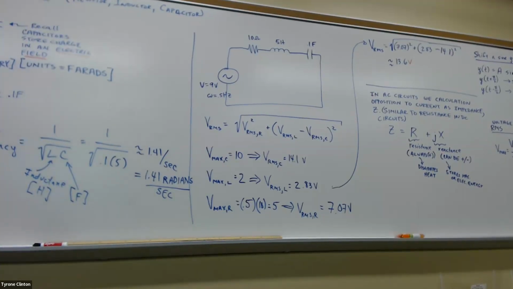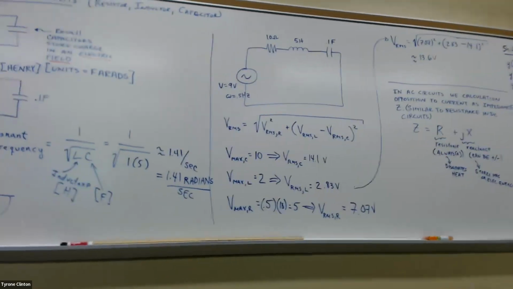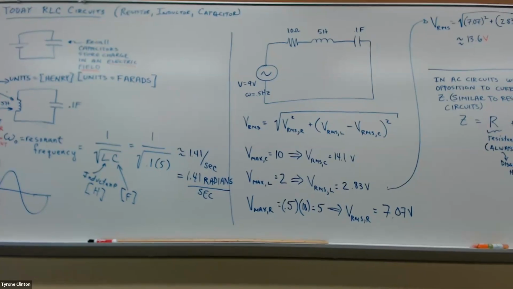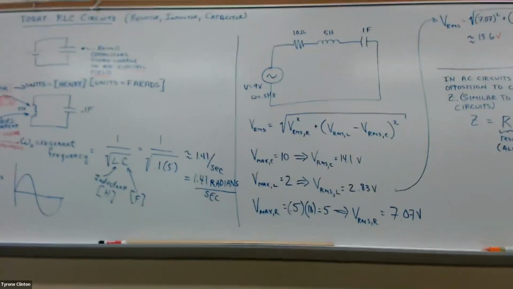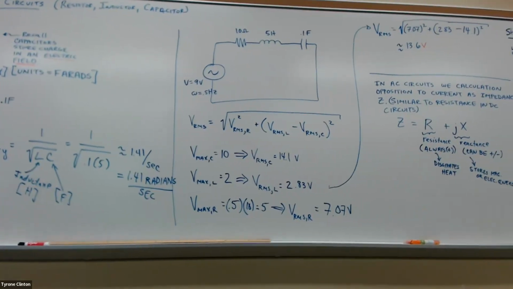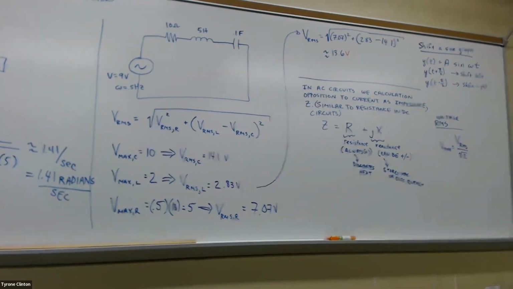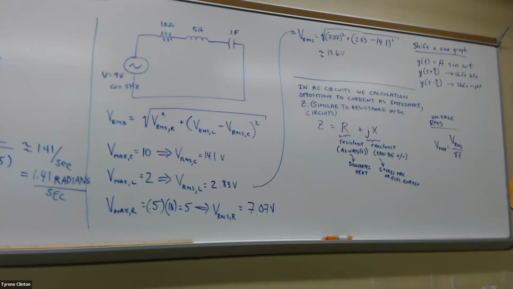So in our experiment today, we're going to be asked, and I'll walk you through it. See if I can move this over a little bit more so you can get a better view. We're going to be asked to put an inductor, a resistor, and a capacitor in series with one another.